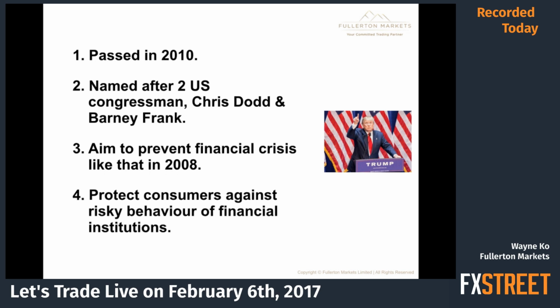The other main objective is basically to protect consumers against the risky behavior of financial institutions. So these are the 2 main objectives. Of course, like I say, it is much more than all this, but the key point I've summarized over here is what Dodd-Frank is about. The entire Dodd-Frank policies run about 2,000 over pages. So that's how complicated it is.